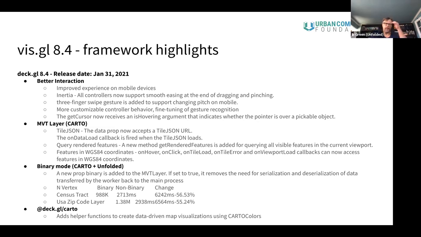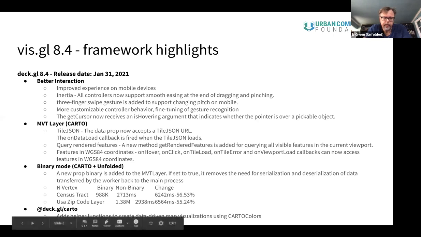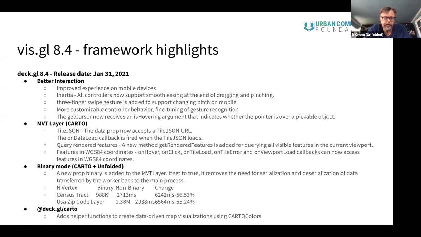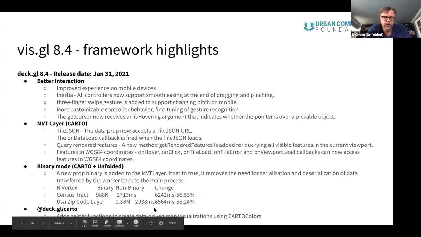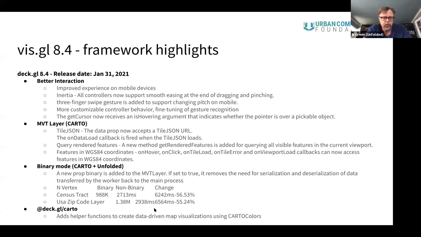It's also a lot of work from Carto, leveraging some of the work that Unfolded did in loaders.gl. At the moment, we have about 2x performance improvement when loading Mapbox vector tiles in binary mode, and we think we can further improve that in the next release. Carto also has its own module in deck.gl and has added some really nice helper functions to do data-driven color controls. So that's another nice addition. Next.